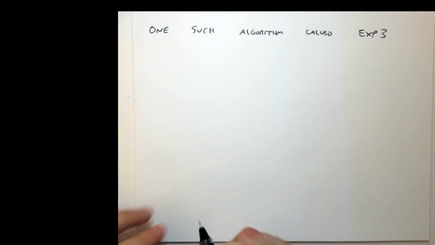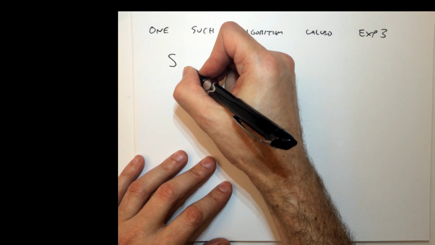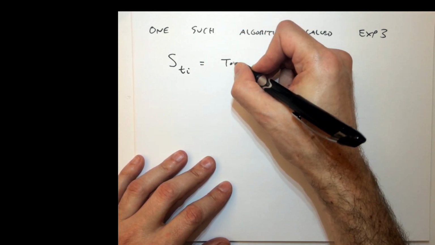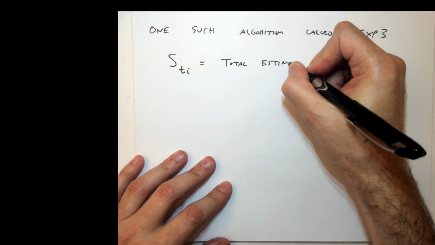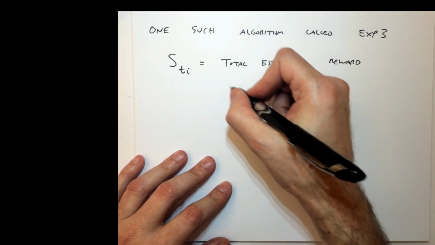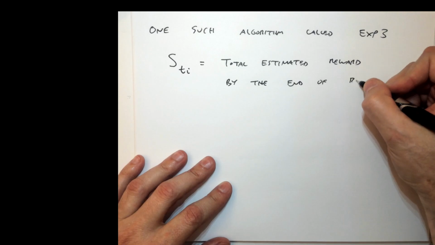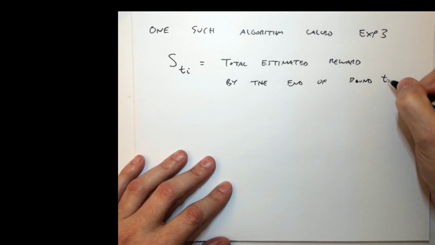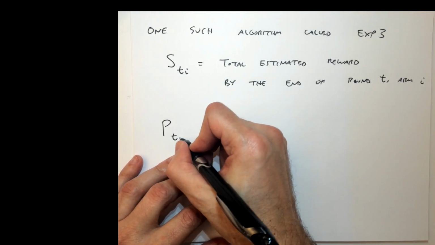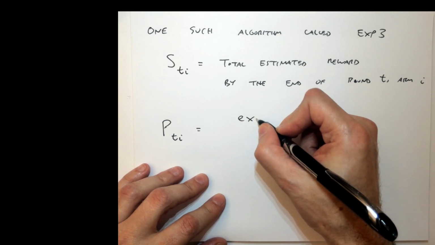The idea is that if I let this number S sub t,i equal the total estimated reward by the end of round t for arm i, then I form a PDF or a PMF over the possible arms where it looks like this.